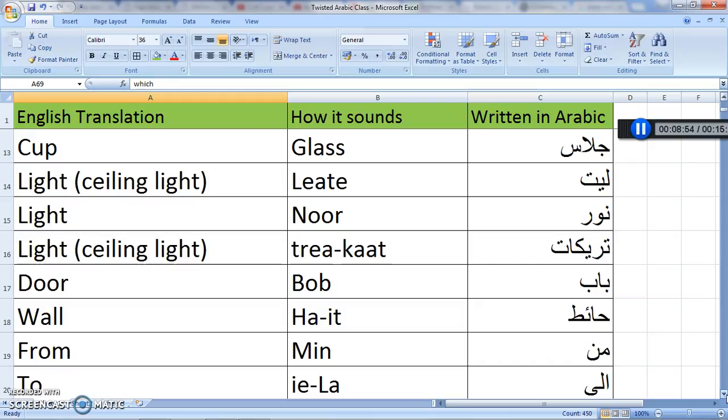So you have ha, like you're laughing, and it. There's no ta in English, so ta, ha, it is, you'll rest your tongue behind your teeth. You don't necessarily need to touch the back of your top teeth, but in that general location you need to seal that sound. So ha, it. And like I said, as long as you're in the right context, people will know what you're saying.